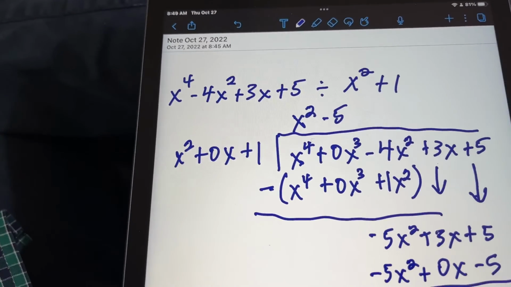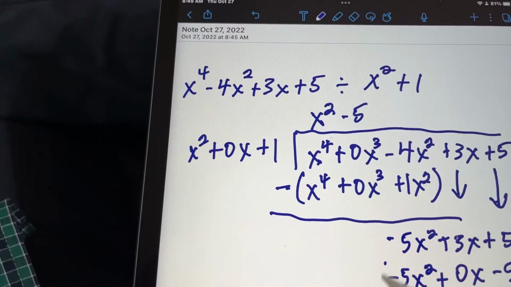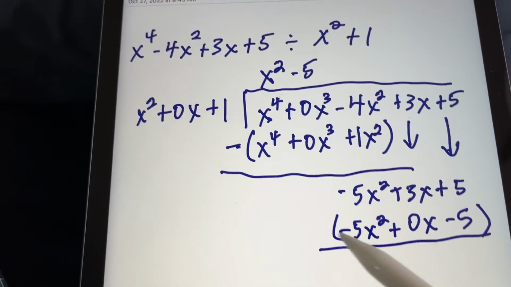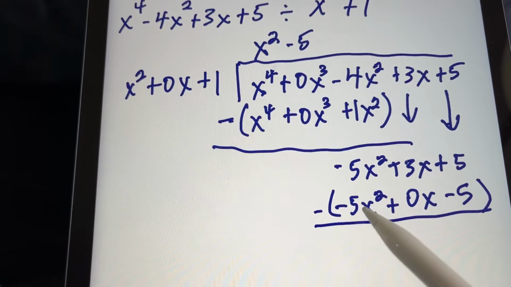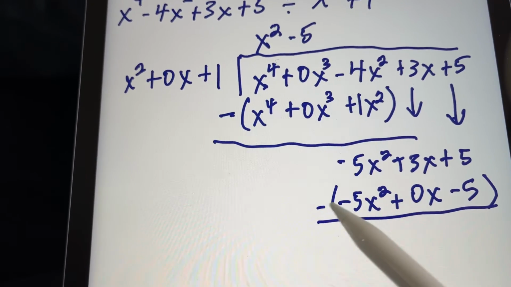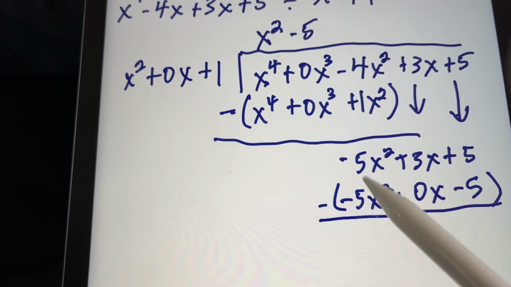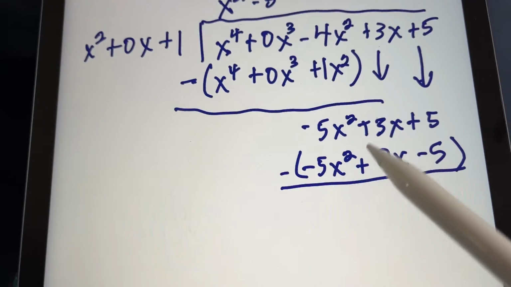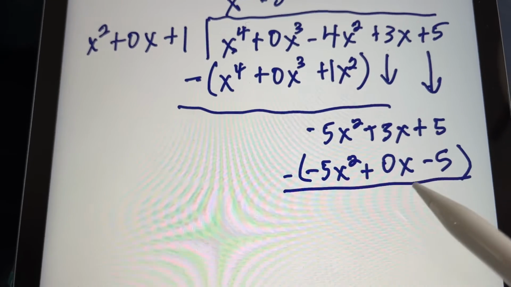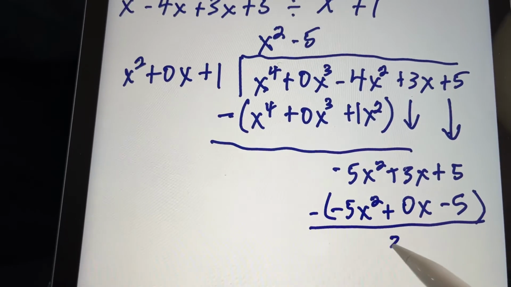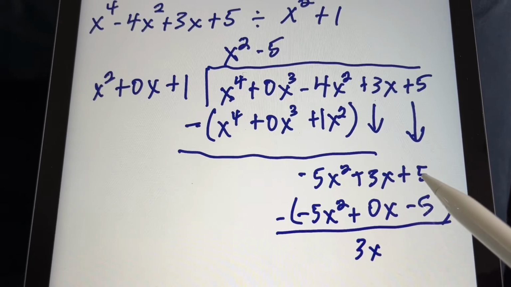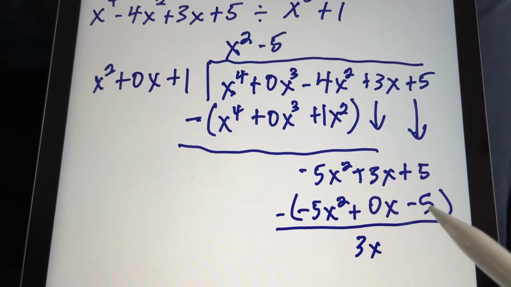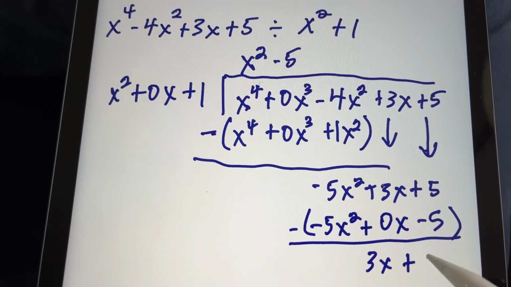And then I do negative 5 times 1, which is negative 5. So anyway, when I subtract, of course, I'm going to put this in parentheses and subtract. This minus this ends up being 0 because a minus a negative is a positive. So a positive and a negative are going to cancel each other out. 3x minus 0x is just 3x. And then, of course, 5 minus negative 5 is 10.